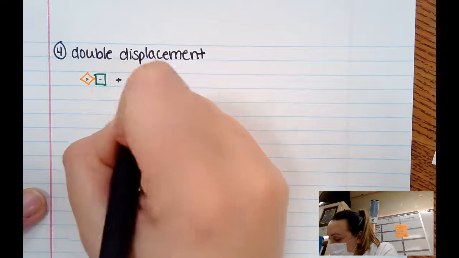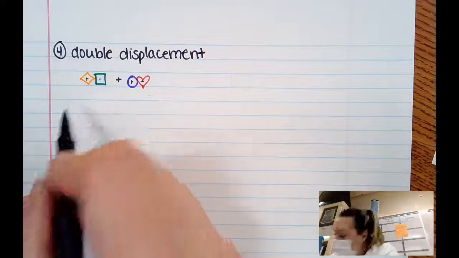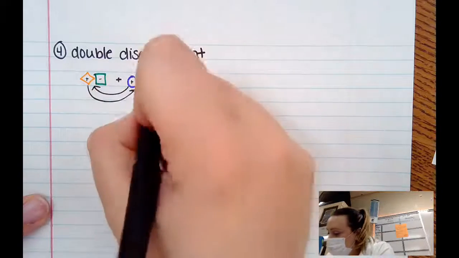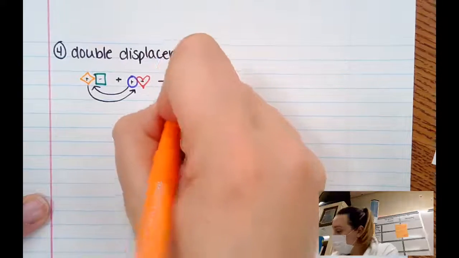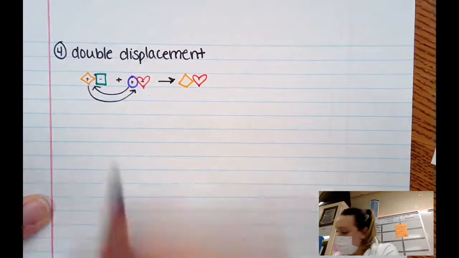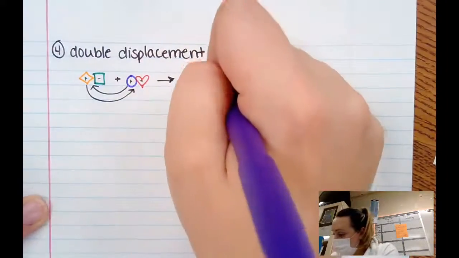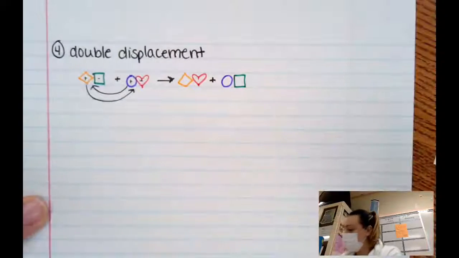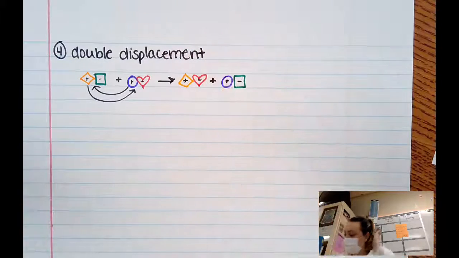And in a double displacement, this is where you have two compounds. That goes there, this goes there. Again, that was positive, negative, positive, negative.